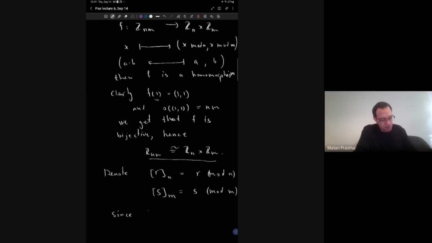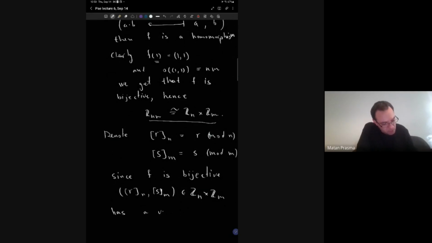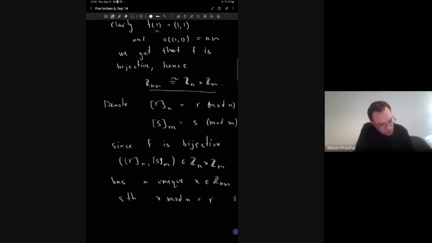And since f is bijective, the element (Rn, Sm) in Zn times Zm has a unique source x in the integers modulo n times m, such that x modulo n equals Rn, and x modulo m equals S modulo m. Okay, and that completes the proof.